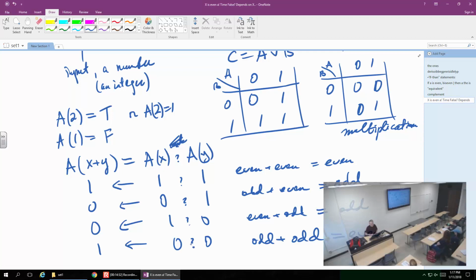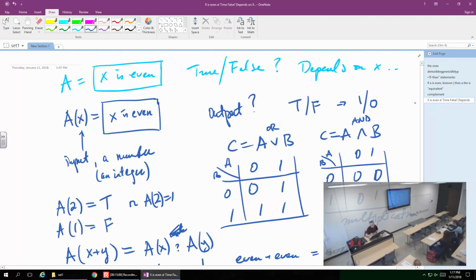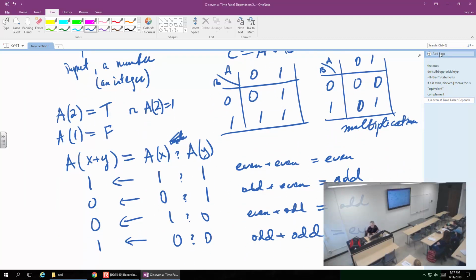Let's look at some of the statements that we have seen, and we realize that the statement as is, it depends on X, but often there is what we say a preamble of a statement.